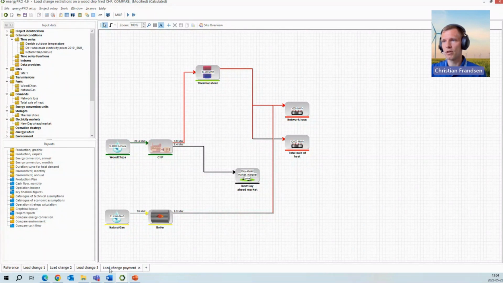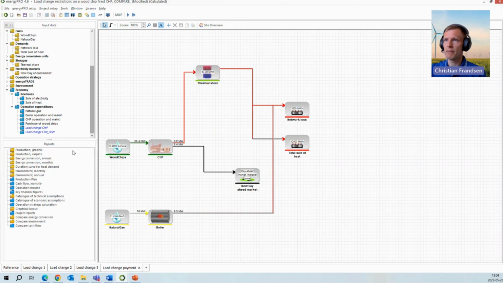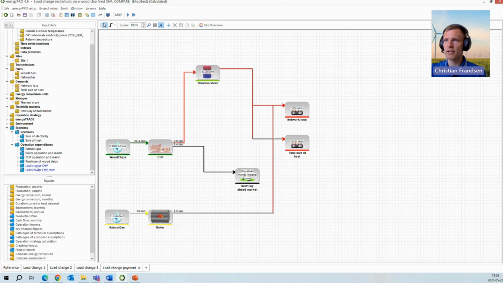We have this load change payment. I've named it, and if we take a look at the different payments here, you can see that there's a blue italic payment, which means that this is different from the reference.